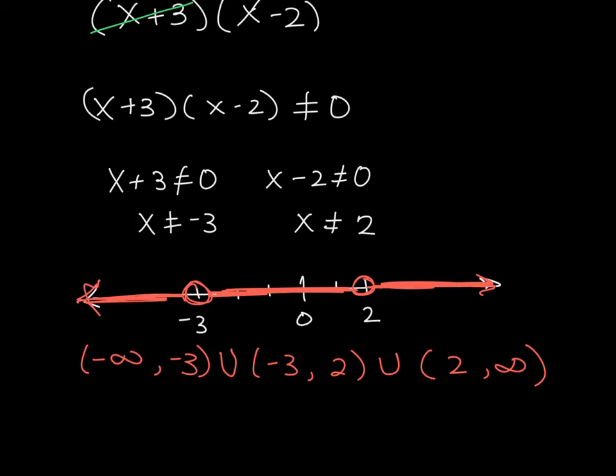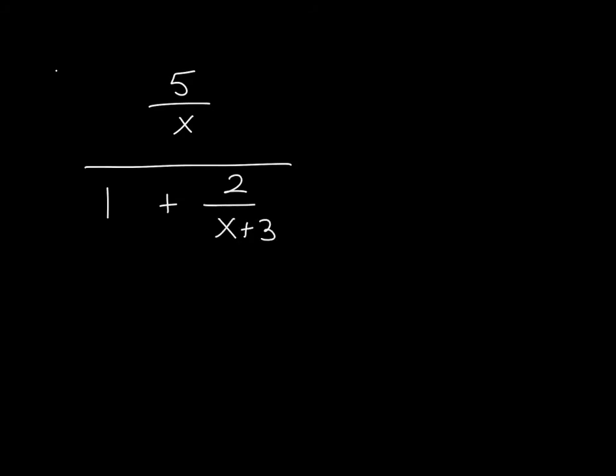Now, there's one more place that we have to worry about the domain of functions, and that is if we have complex fractions. So with complex fractions, we have fractions that look like this: 5 over x, and then 1 plus 2 over x plus 3. So there are two things that you have to worry about with this. One, what is the domain?